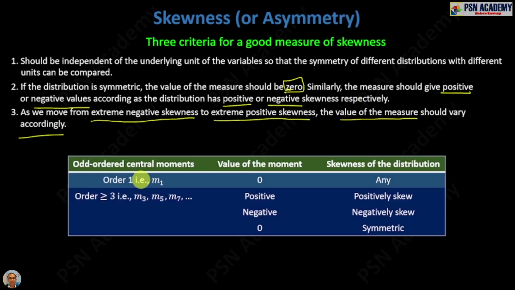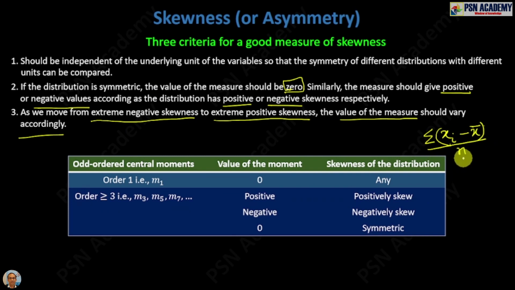Now here is a table with which we will deal with the measures of skewness using moments. Now you have learned already that a moment is nothing but the mean of deviations, right? Whenever you have a deviation like this, xi minus x bar, of course this is a deviation, and you sum up and divide this summation by n, then you will get a moment.